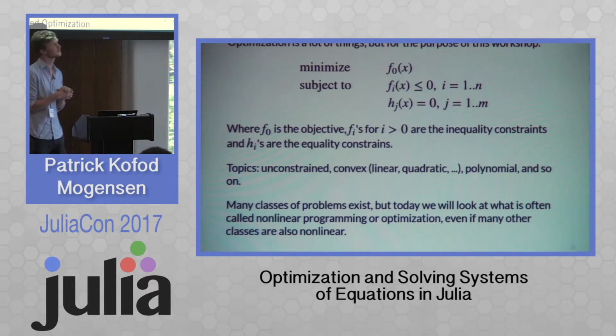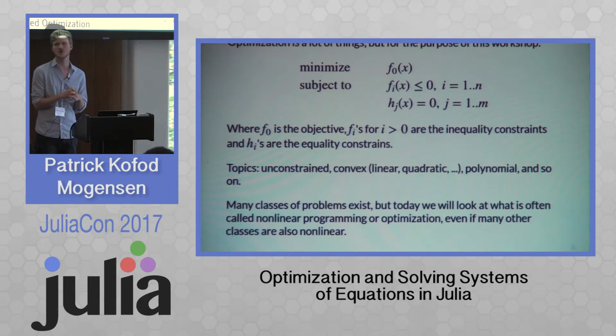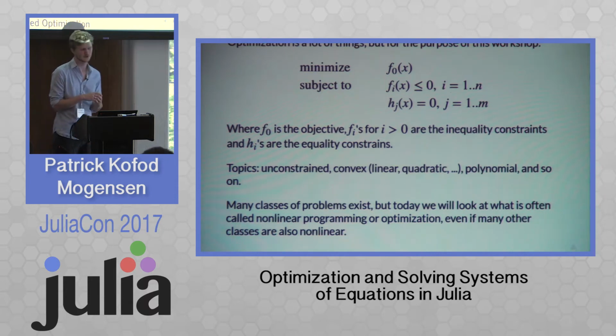The fi's are called inequality constraints, and the hj's are called equality constraints. There are lots of different types of optimization problems, some with special structure, such as convex optimization, that has some very specific structure that allows you to prove some very powerful things about convergence, and you're sure that you're finding the optimal solution and stuff like that.